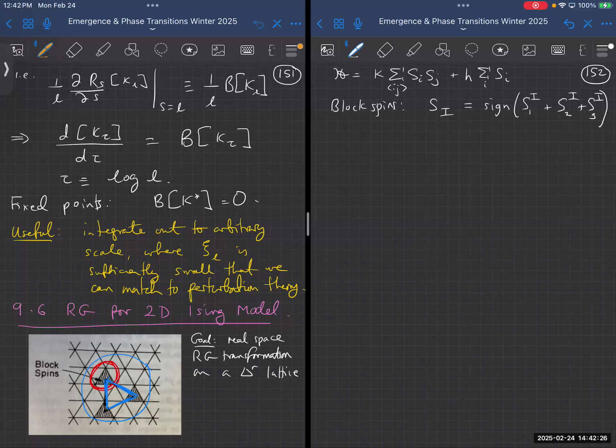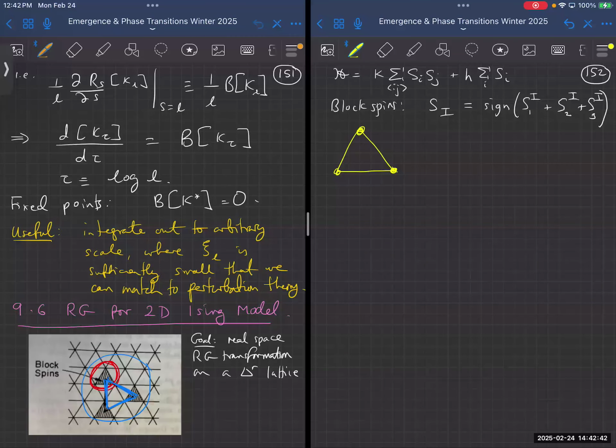So each block, what we're imagining is I've got my block like that, and it might be something like this.